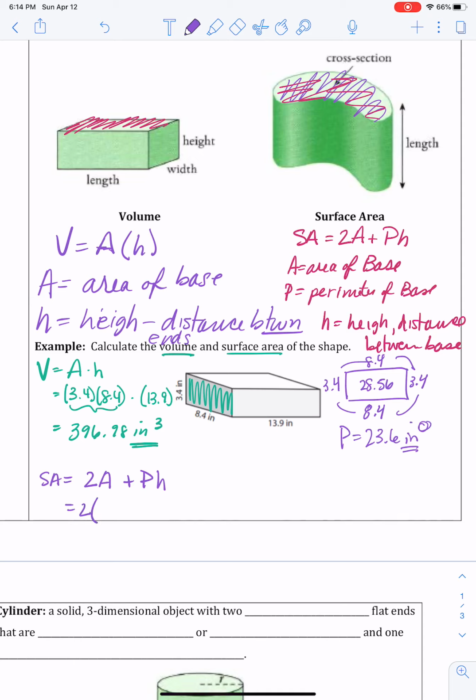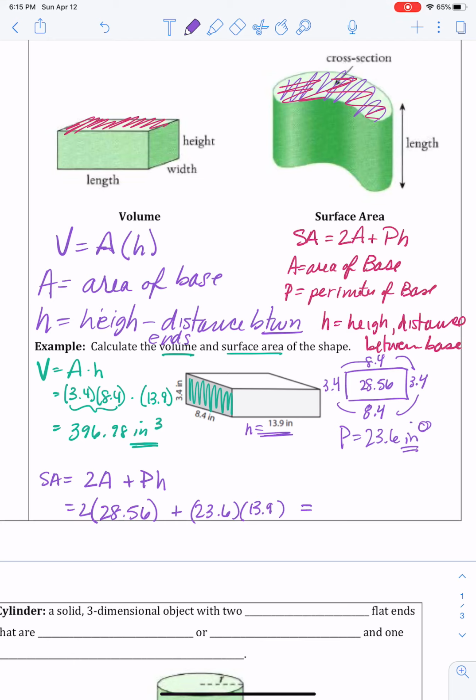So 2 times 28.56 plus the perimeter, which was 23.6, times the height, 13.9.